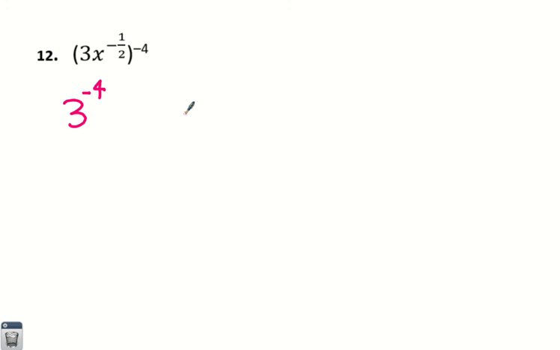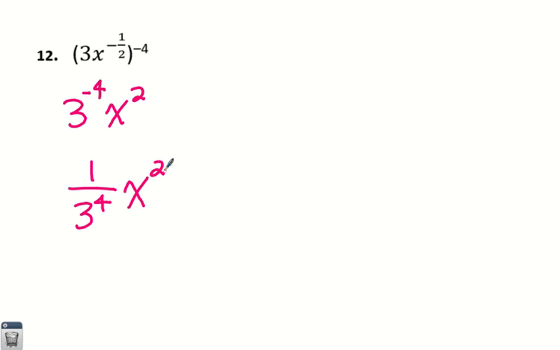You should know from months and months ago that you multiply the powers. So when we multiply those powers, we get positive 2. That's it. Except, of course, we're not supposed to have negative powers in a final answer, so that becomes 1 over 3 to the positive 4.